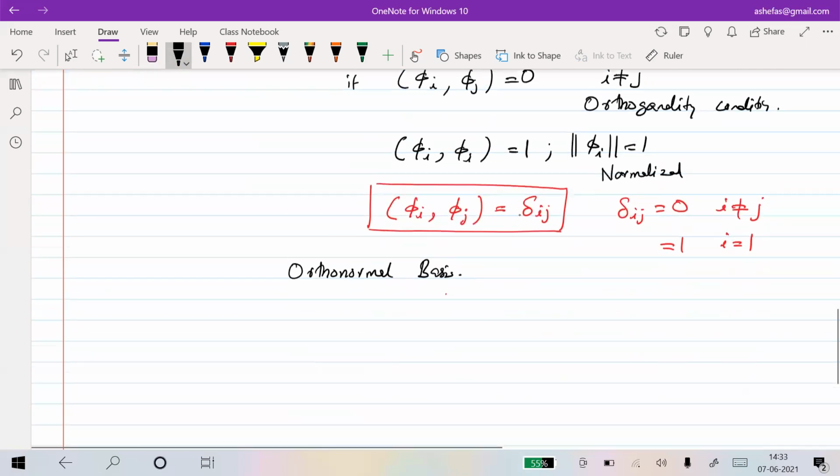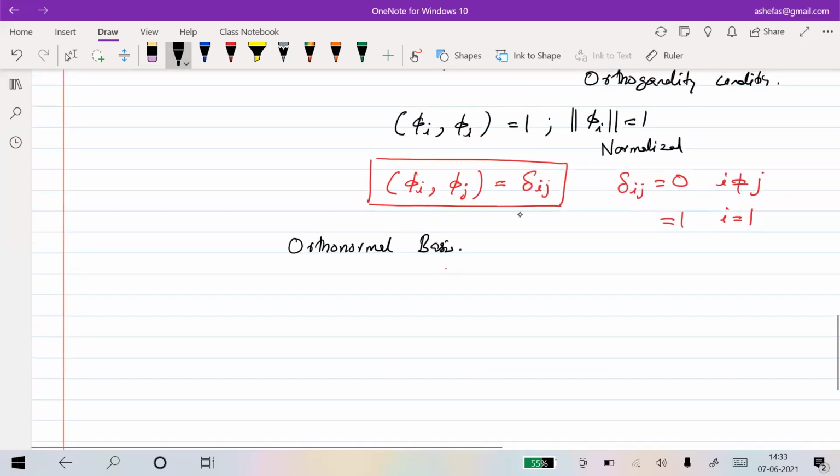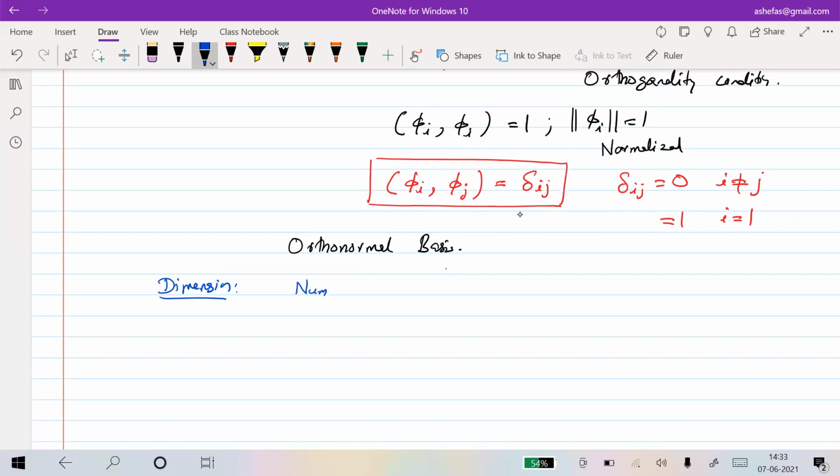Okay. Now, at last, we have to define what is meant by dimension. Dimension is just the number of basis vectors. That's it. For example, in the case of three-dimensional vector space, we have only three basis vectors: i, j, k, or r, theta, phi.